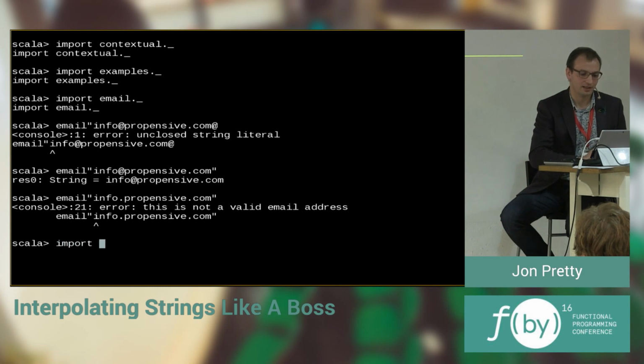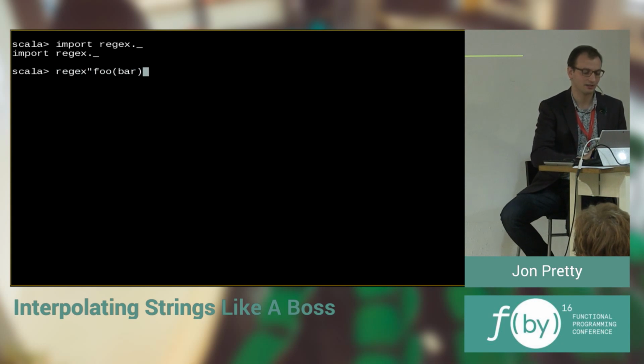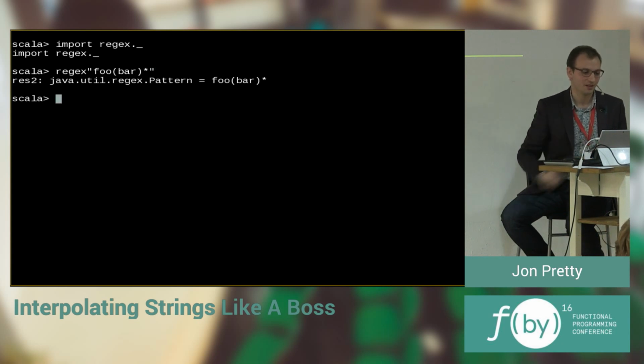So here's another one. Let's import regex. Now we can write something like this. Let's say we want to match on foo, or foo bar, or foo bar bar, or foo bar bar bar, anything like that.